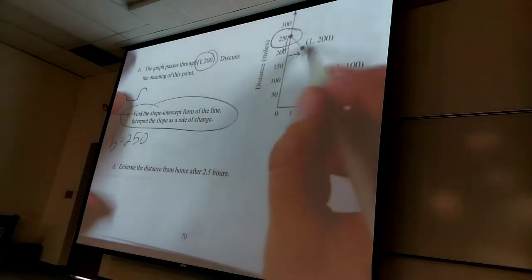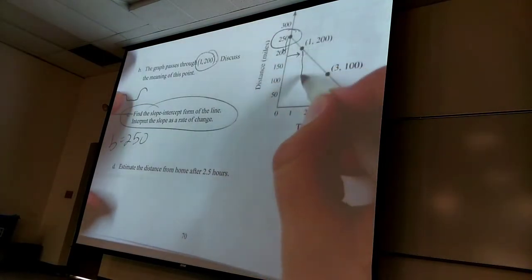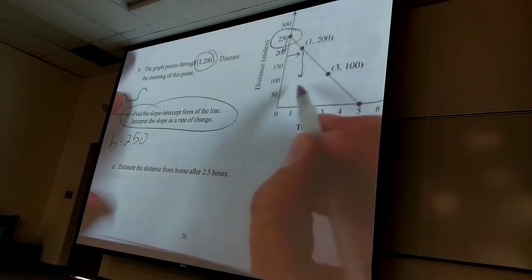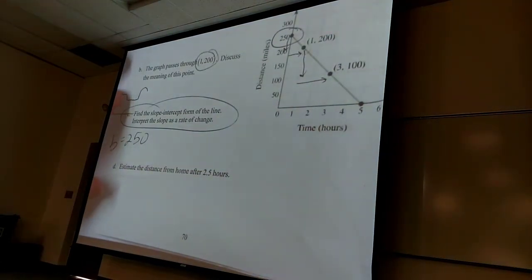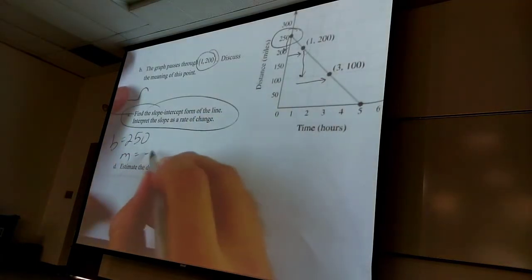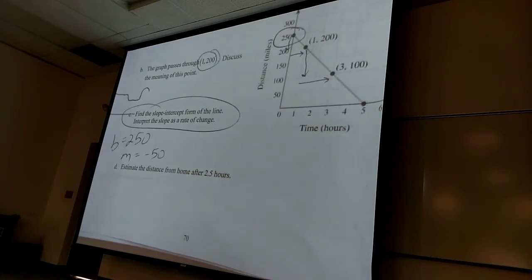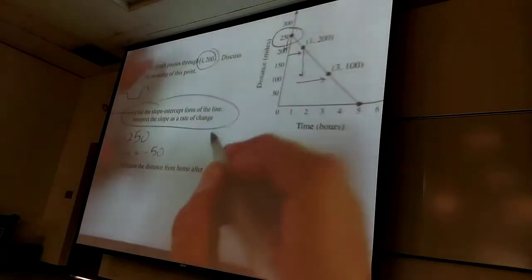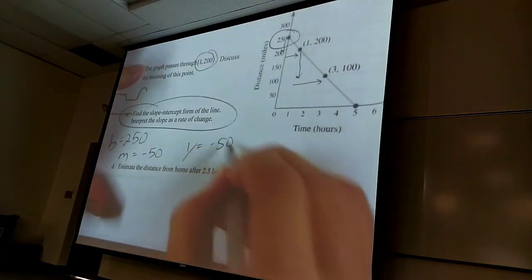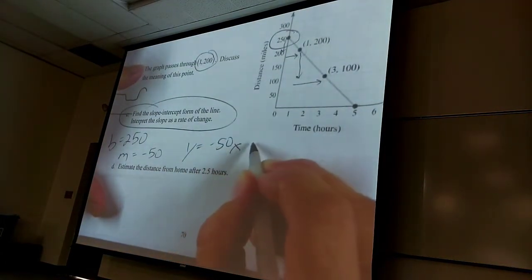Or between these two, I go down 100 over 2. 100 divided by 2 is 50. So it's going down, m is negative 50. I go 50 miles closer to home every hour. So y equals negative 50x plus 250.